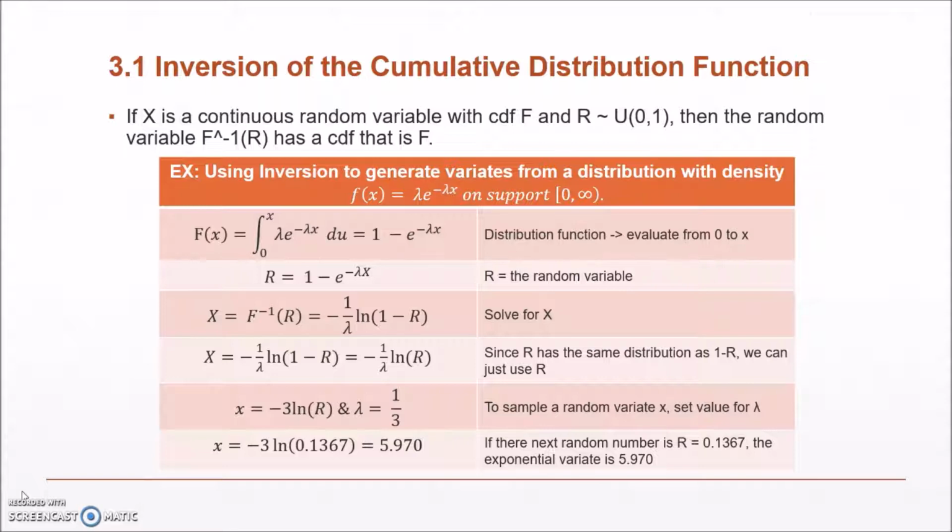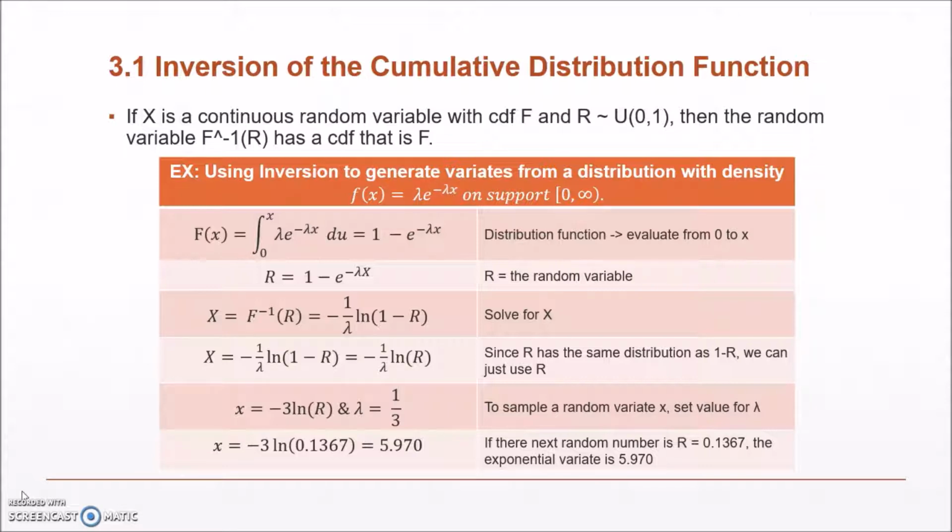So we've taken our distribution function and evaluated it from 0 to x. Then we set r equal to 1 minus e to the negative lambda x, solve for x, and we end up getting negative 1 over lambda times the natural log of 1 minus r.